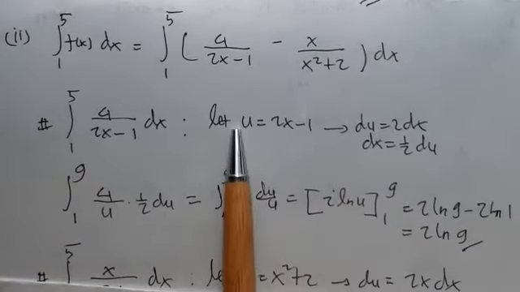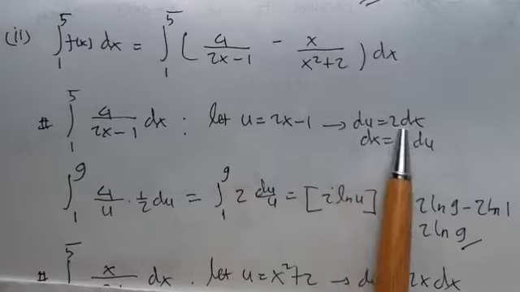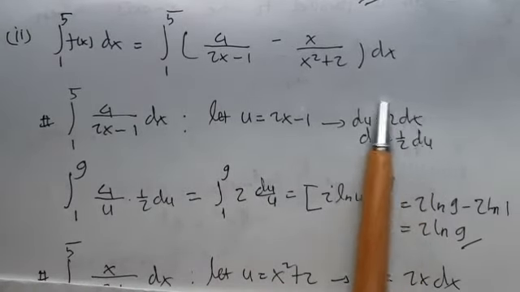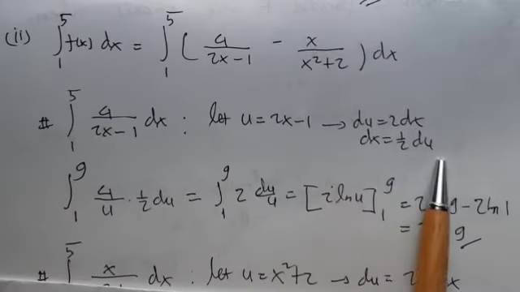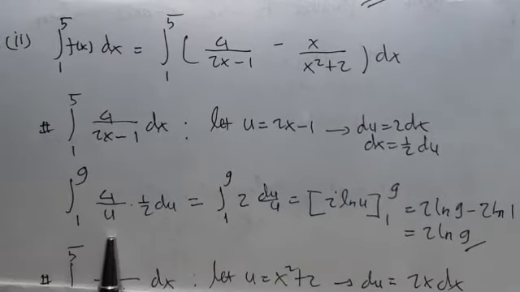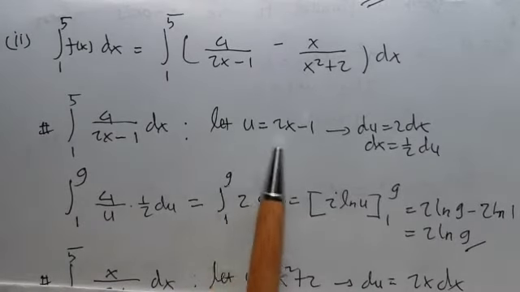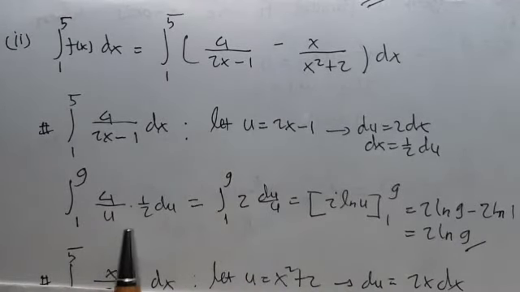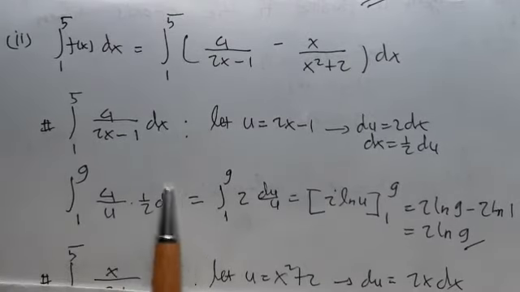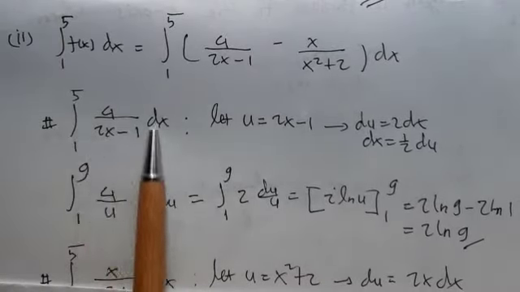Thus du = 2 dx, or dividing both sides by 2, dx is half du. Now substitute in this equation: dx is half du and 2x minus 1 is u.